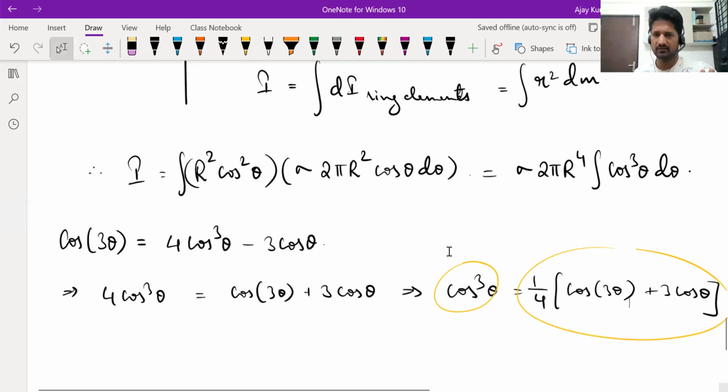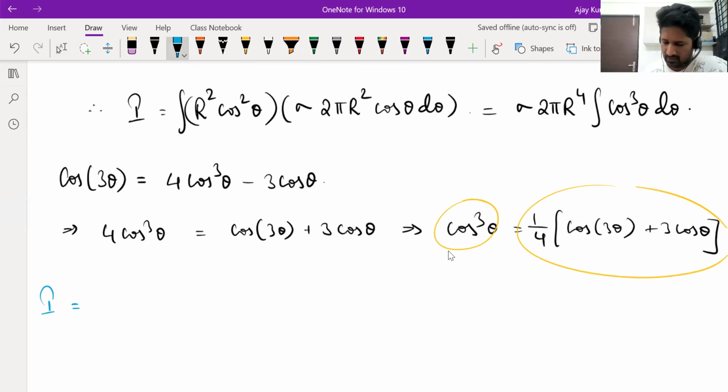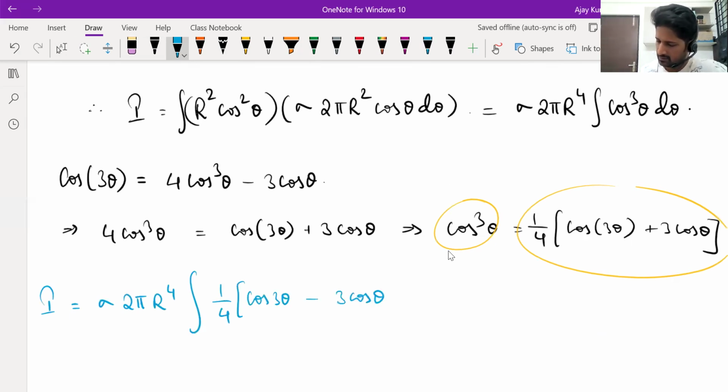Okay, still we need to put some effort. So I, the total moment of inertia, now becomes sigma 2 pi R power 4, which is already there. And inside the integral, you will now have 1 by 4 cos 3 theta plus 3 cos theta d theta.